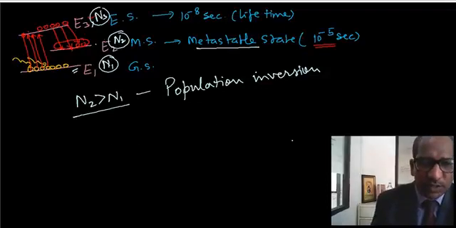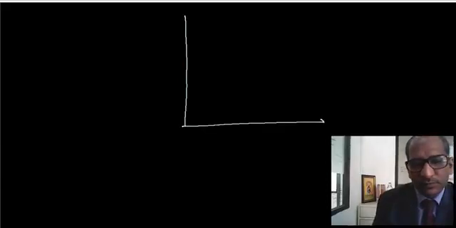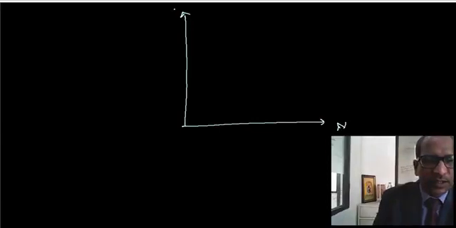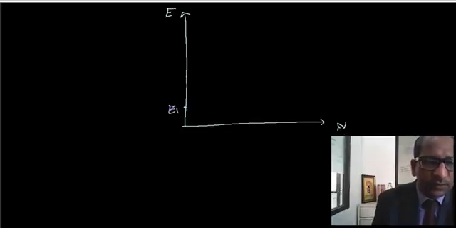So let us see the behavior of it as we have seen in the last slide. If I have to draw the behavior of N and energy, what is that? You will observe here, suppose this is E1, this is E2, and this is E3.